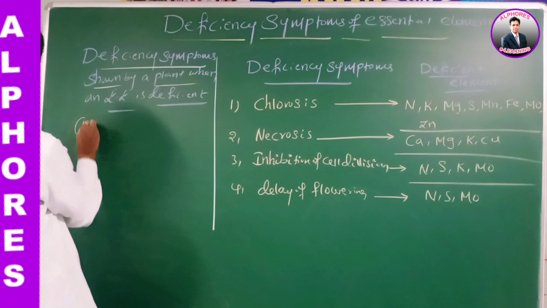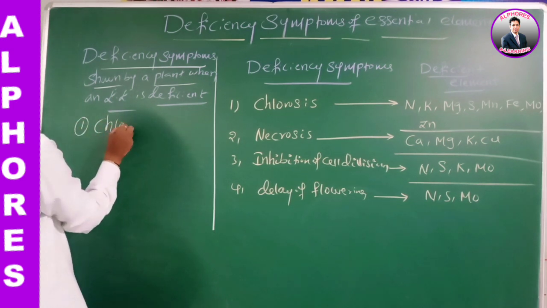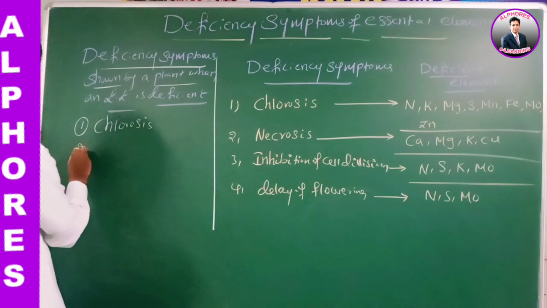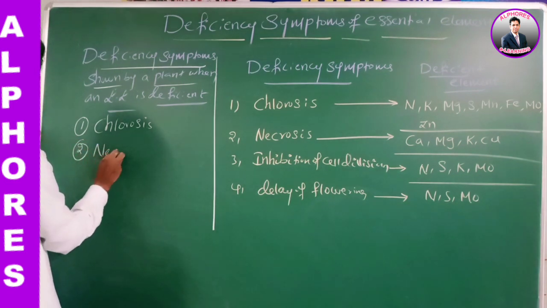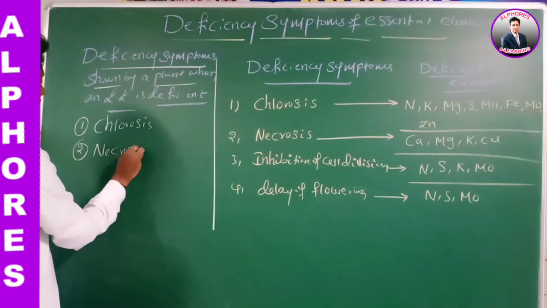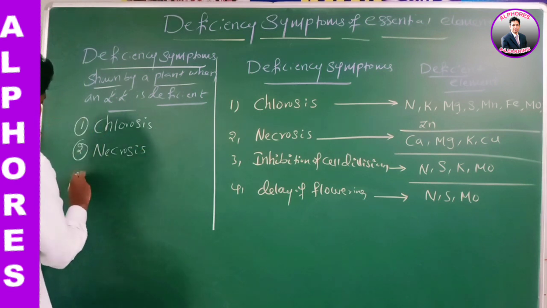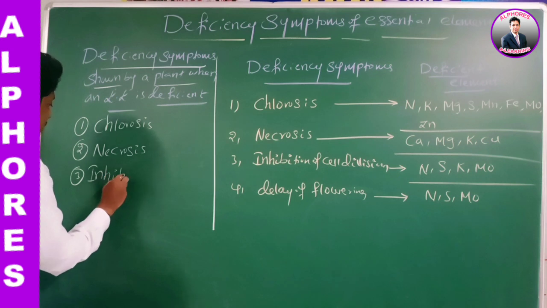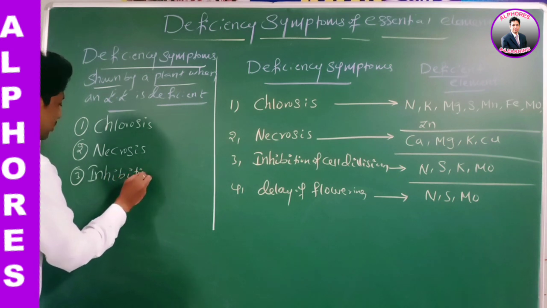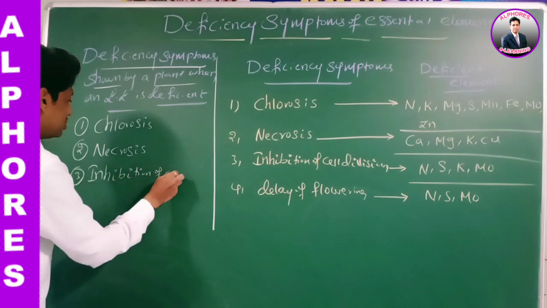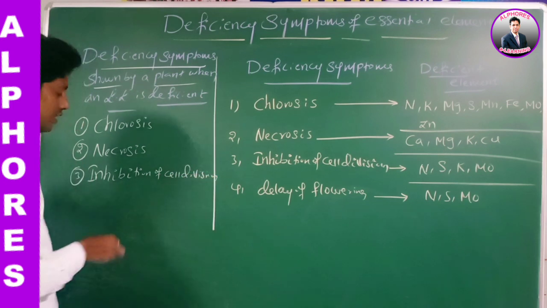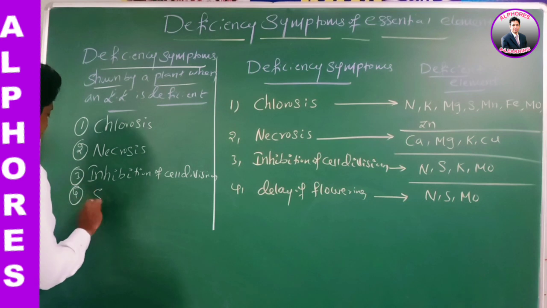Number 1, chlorosis. Number 2, necrosis. Third one is inhibition of cell division. Number 4, stunted plant growth.